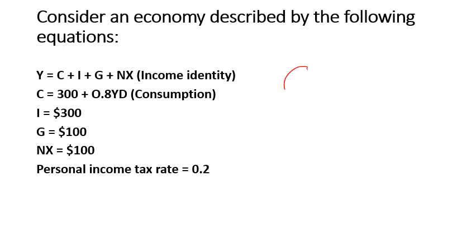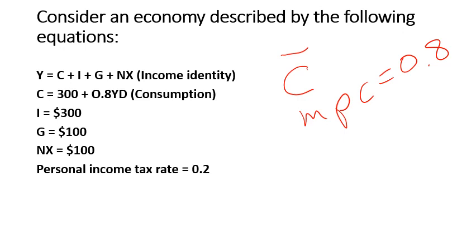What is 300? 300 is autonomous consumption plus 0.8. What is 0.8? 0.8 is the marginal propensity to consume out of disposable income. Basically what that means is that, let's say, a household gets an extra dollar in disposable income.